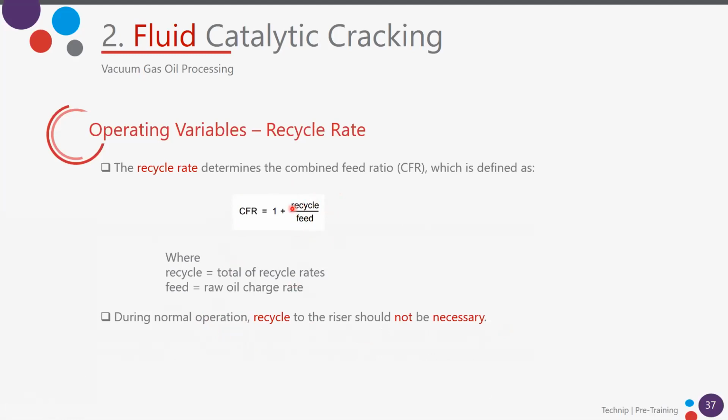So this recycle will be 0. So this combined feed ratio will be 1. Okay, we will see that this is also one of the design variables in the unit. Okay, so we don't have this recycle, so this is 0, and we will have this CFR as 1.